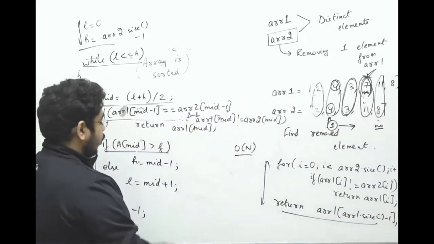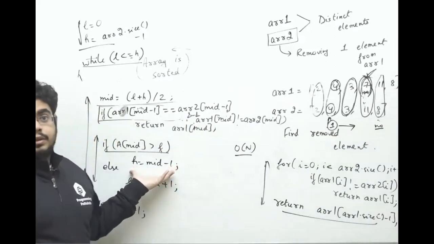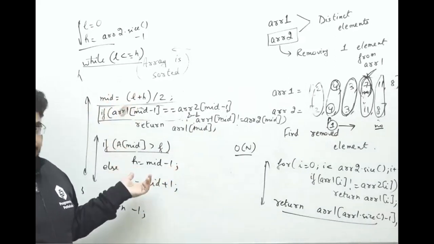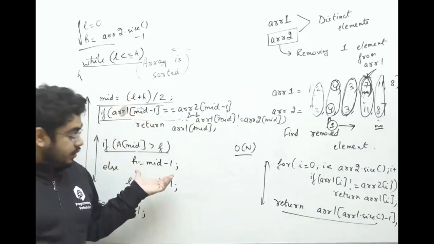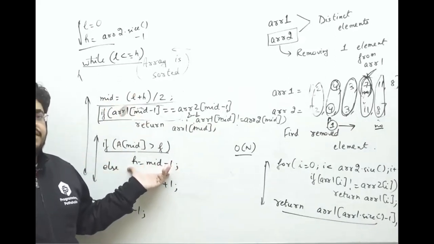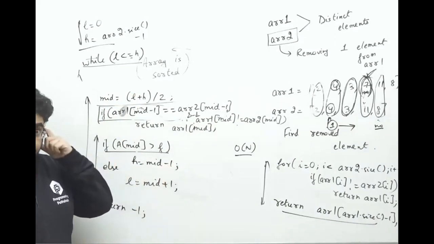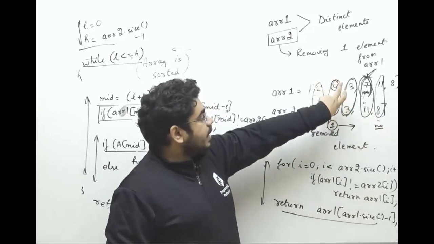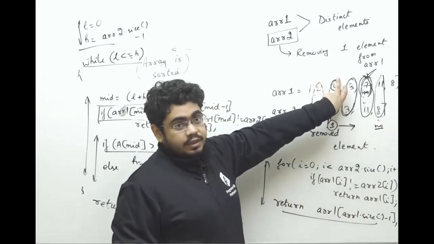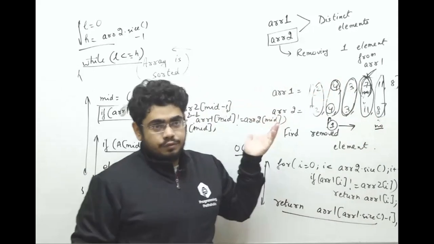Let's look at when we want to search on the right. Mid minus 1 can get out of bounds, I'll talk about that. Let me follow the flow and then I'll talk about that. Let's say when will we go h equal to mid minus 1? When do we want to search only on the right? Can I say when at mid they are equal? That means anything on its left is not useful.